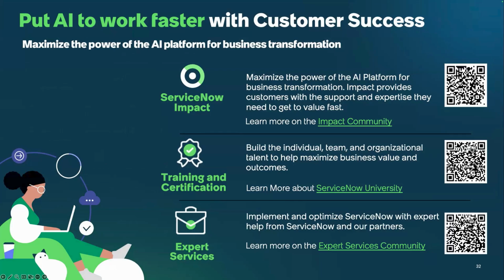So I would say in general, put AI to work faster using our customer success group. If you want to maximize the potential of our AI platform, consider working with ServiceNow Impact. Our Impact team can help provide you with support and expertise to get to your value fast. We do have ServiceNow University. This is a critical piece.